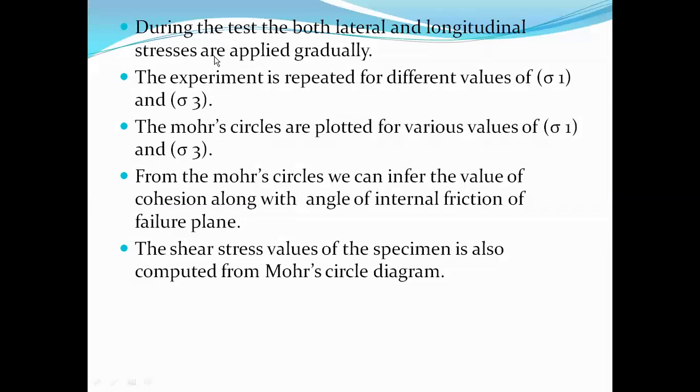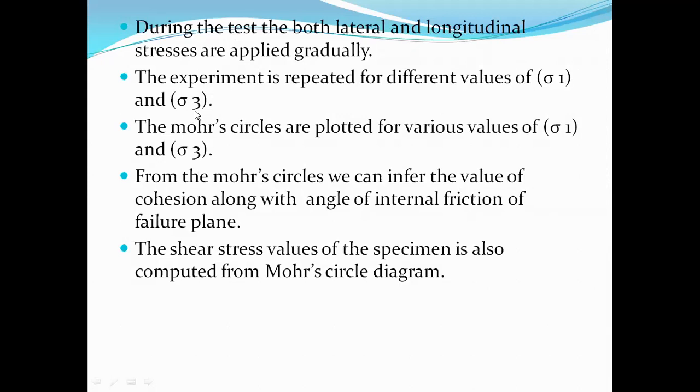Next, during the test, what exactly will we be doing? We are applying the load gradually. Both lateral and longitudinal stresses are applied gradually. So the experiment is repeated for different values of sigma 1, that is nothing but axial, and sigma 3, which is nothing but the lateral stress. For different values of sigma 1, we will be measuring the corresponding sigma 3.